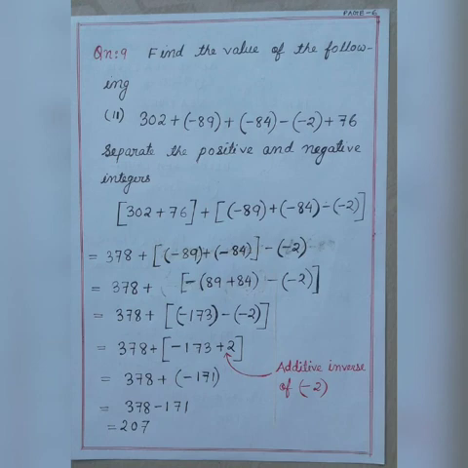I have written it within a box bracket. So it is 378 plus within bracket minus 173 plus additive inverse of minus 2, which is equal to 378 plus within bracket minus 171 equal to 378 minus 171 is equal to 207.